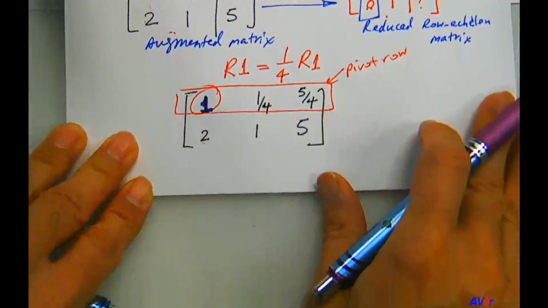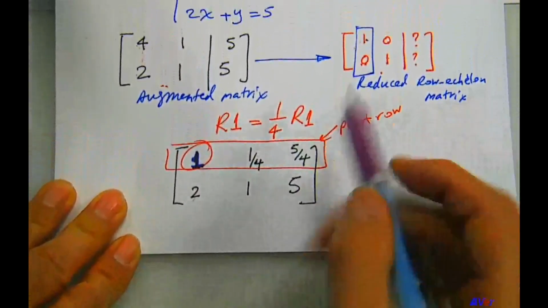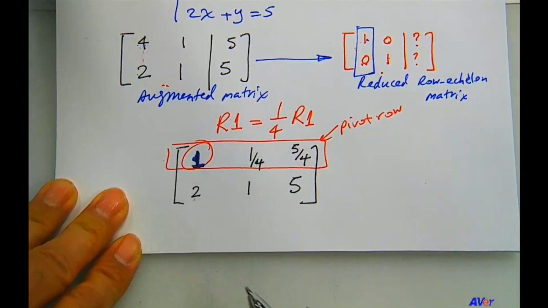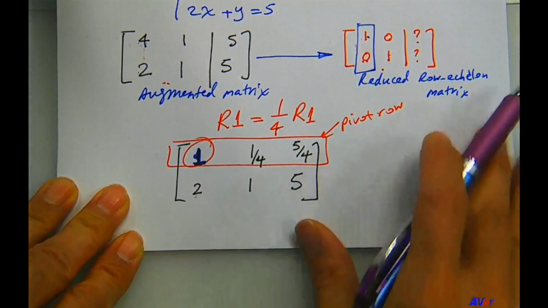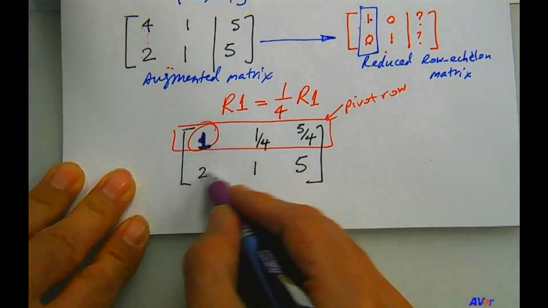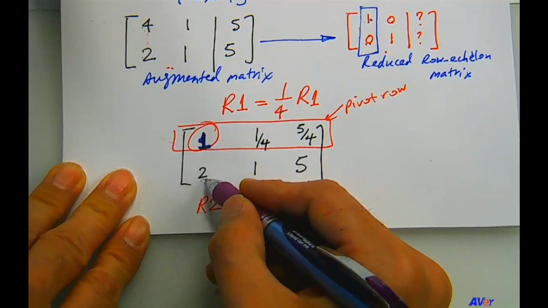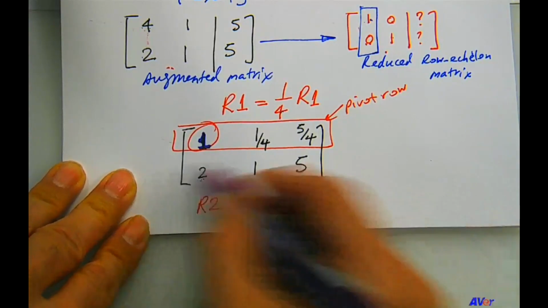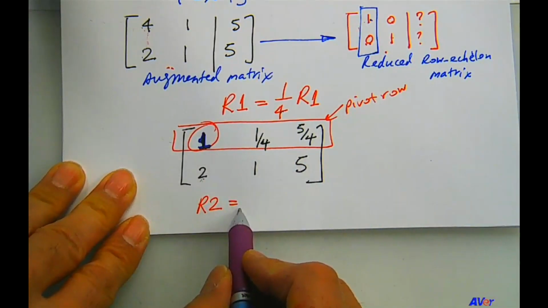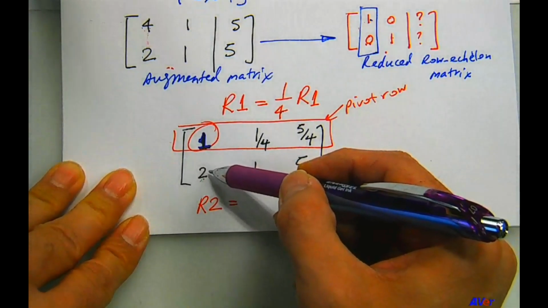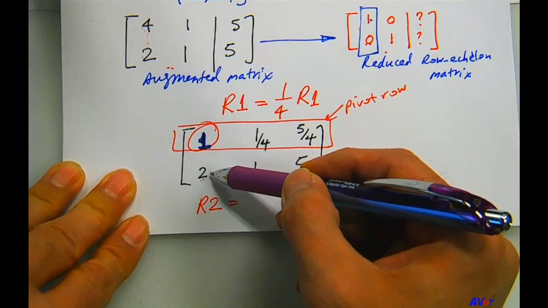That means to convert the 2 to 0, I need to use the pivot row to achieve that. So let's do that. We're changing row 2, because the 2 has to be 0, and the 2 is in the second row. So row 2 equals, all we need is to add a -2 to this, and we're going to get a 0.